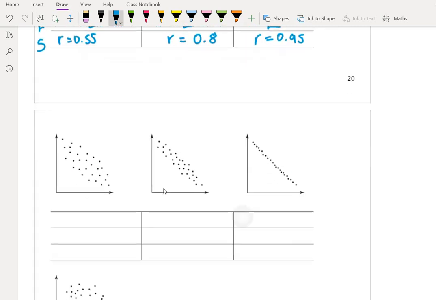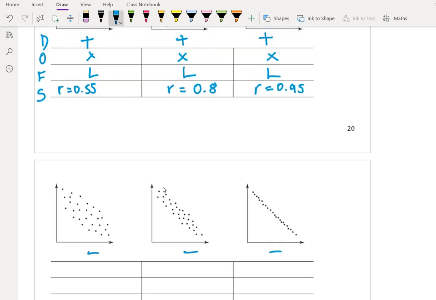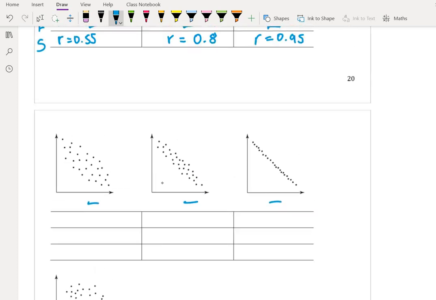All right, these ones here, you can see they are all negative. And then what was the next one? Outliers. No clear outliers here either. So this is direction, outliers, form, and strength. Form, they're all linear. You can see they're all sort of forming a straight line.